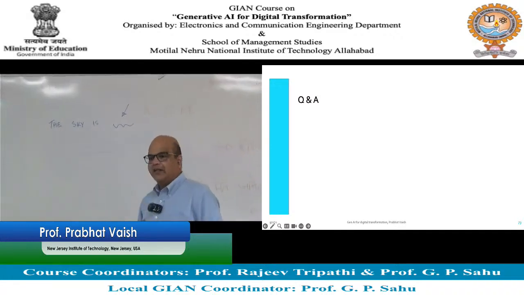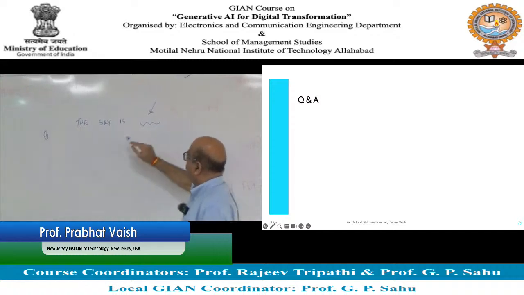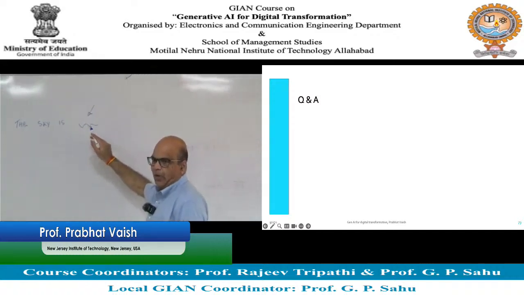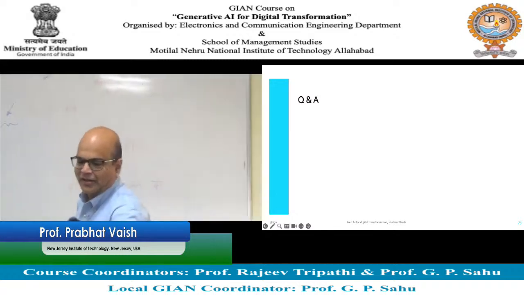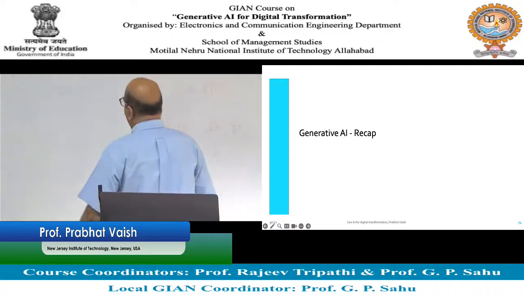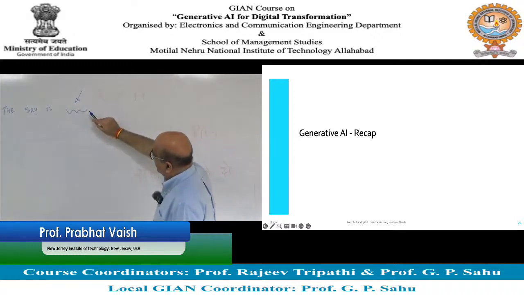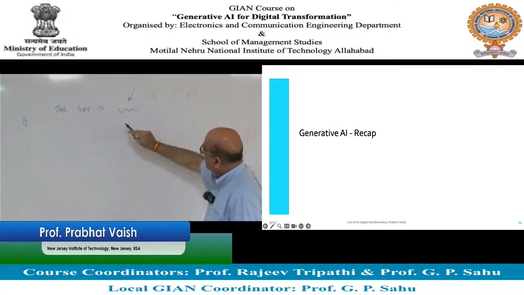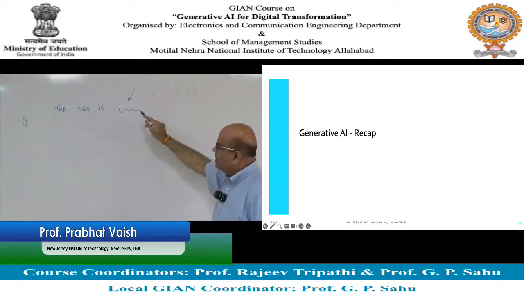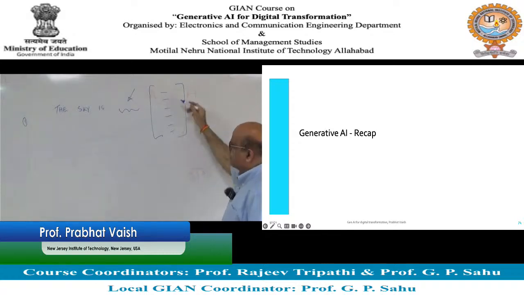When we started on day one, our examples were so simple that it was easy to predict. So it's a good question. We are trying to recap what we learned, right? What we said is that all these large language models are doing is predicting the next word. And then we said that there is no single word, so each of these words has a probability. And then it will pick the word based on the probabilities.